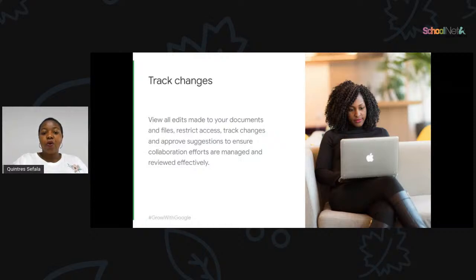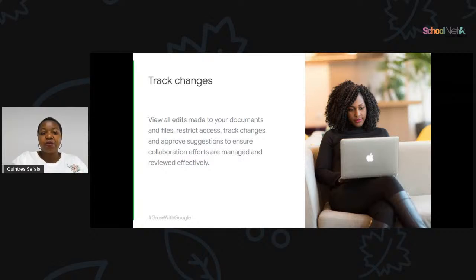And then what you also need to understand with regards to reviewing changes, you need to know that you need to be the owner or the editor to access the file and to be able to see the version history.